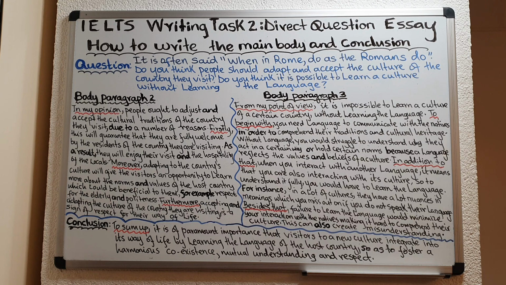So the first point is that if you accept and adapt to the culture of the country that you're visiting, you will be fully welcome by the residents of the country. And because of that, you will enjoy your visit and the hospitality of the locals. Locals here means the natives or the residents. So I've just used another synonym for residents, which is locals. Locals are the people who live in that country. So that's my first point to support my opinion.